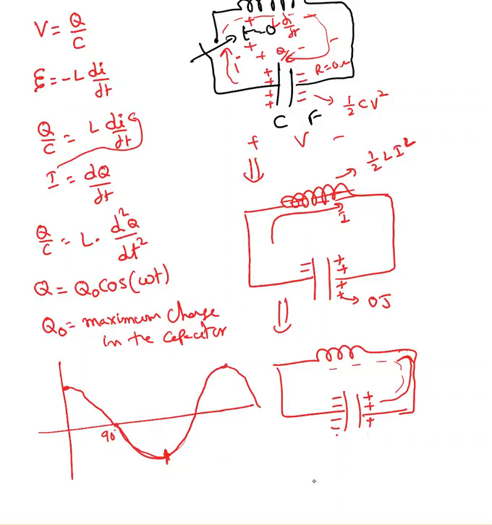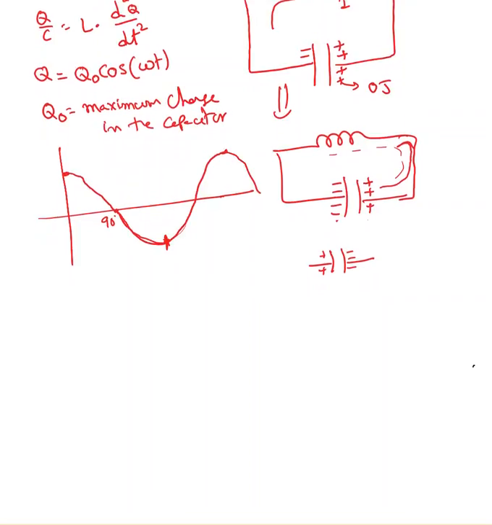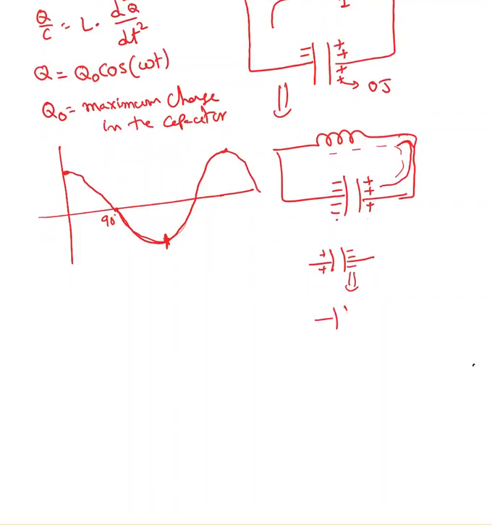If you remember, the capacitor has positive charge on one side and negative charge on the other. In the next few moments it's going to be 0. Then it's going to be the opposite, this one positive, this one negative. At 90 degrees my charge across the capacitor is 0.